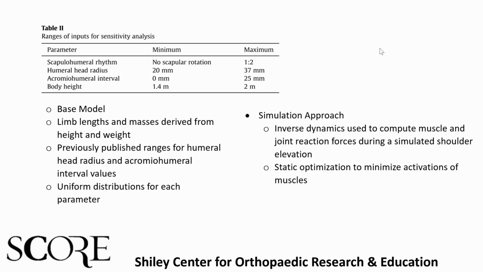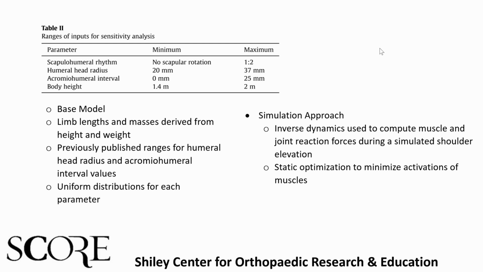So we built a base model. The base model was based on the average height and weight of a shoulder surgeon that collaborates with us. He has a large library of patients that he's operated on, and we know their heights and weights, so we were able to calculate a mean.